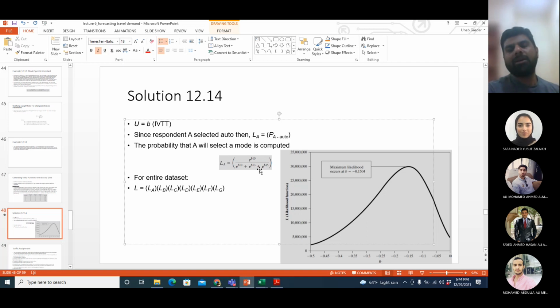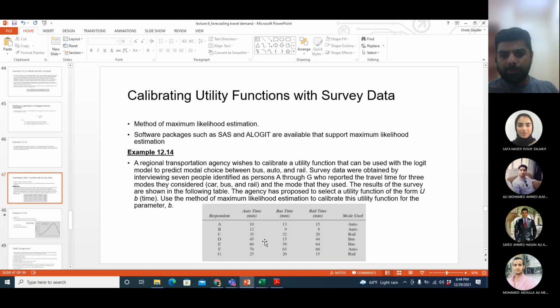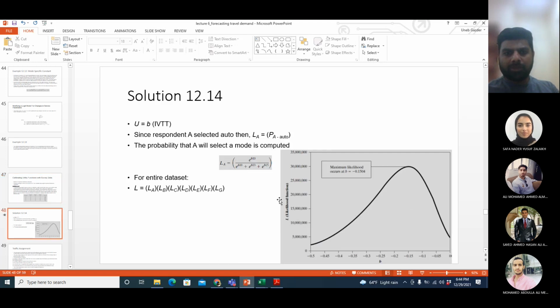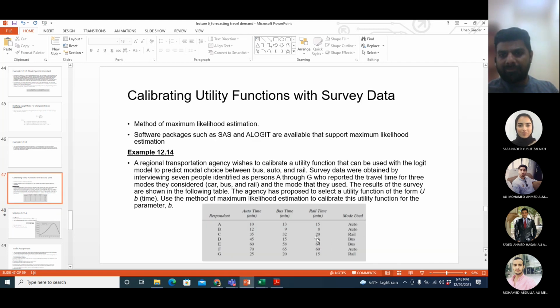So the maximum likelihood for each individual is the probability of the mode which he has actually chosen. For respondent A, it will be the probability of choosing auto. For respondent C, it will be the probability of choosing rail. If I develop the same equation for respondent C, then e to the power of the railway utility will go in the numerator and all these will go in the denominator.